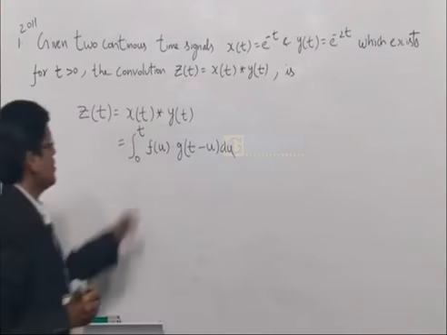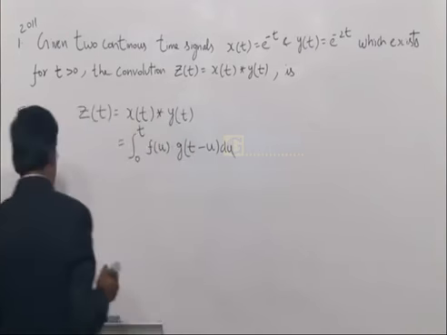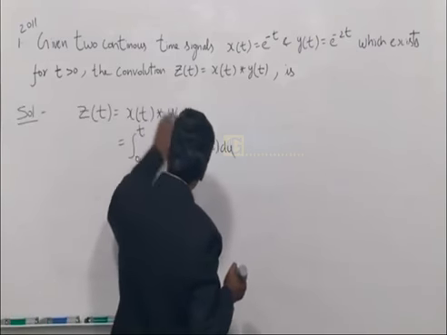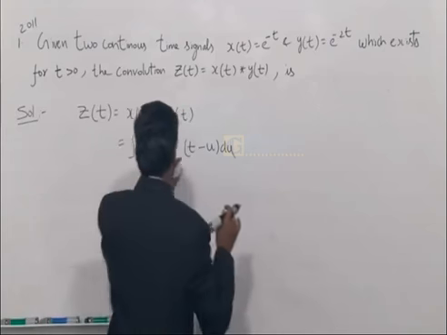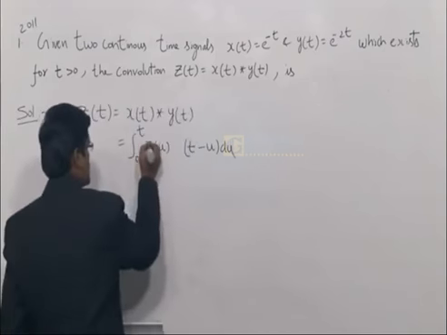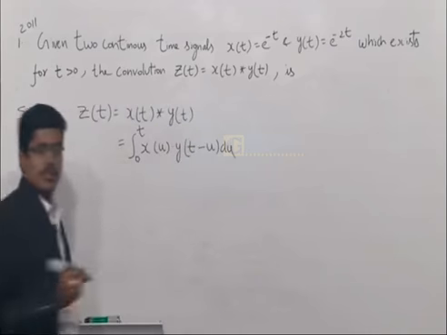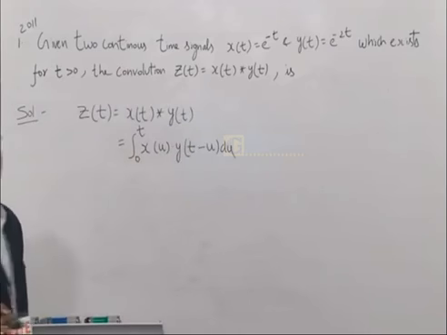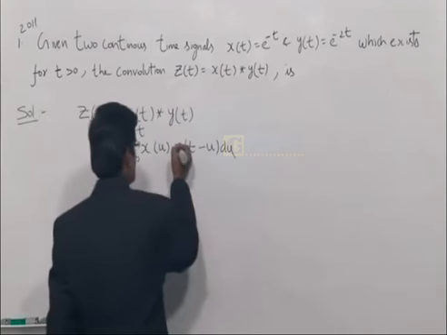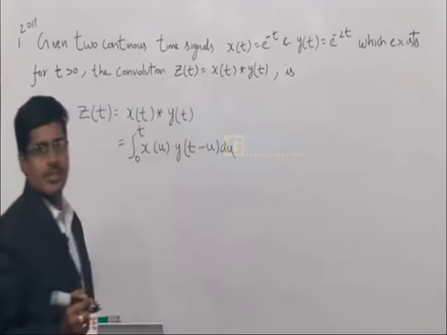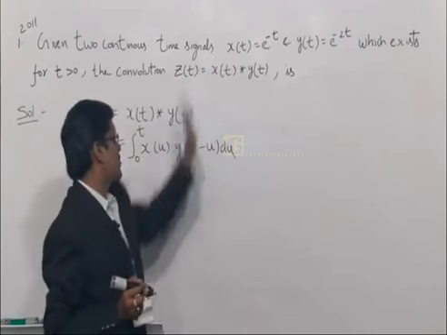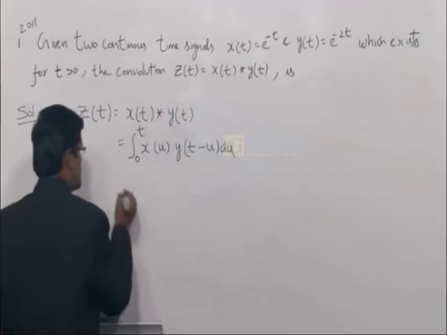So here f and g are nothing but our x of u and y of t minus u. Instead of f and g, it is given as x and y functions. So in this x of t, y of t, first replace t by u, and in the second function replace t by t minus u.